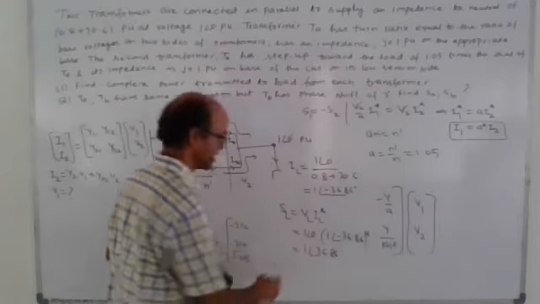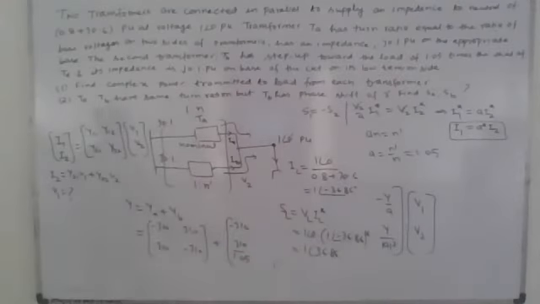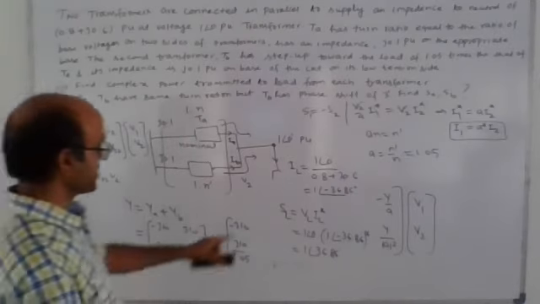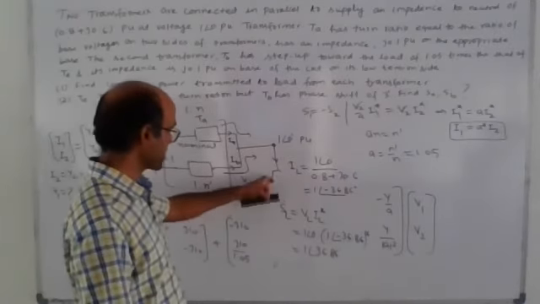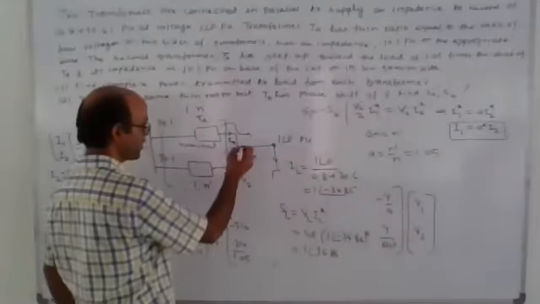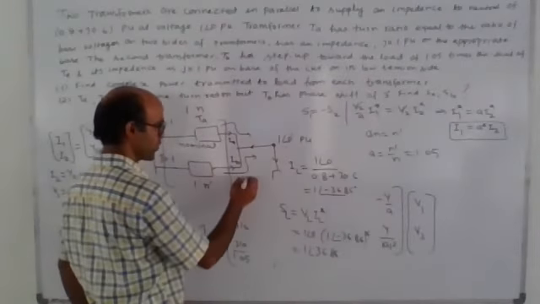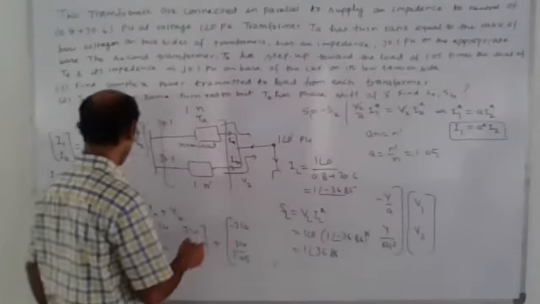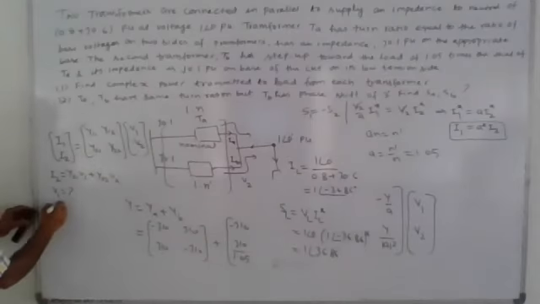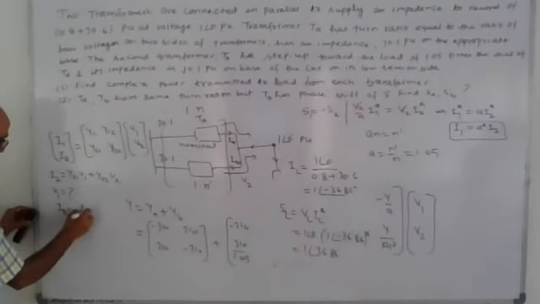This is the load power. So from here we are getting easily, this is IL. IL is coming this side. So what is I2? I am assuming I2 is this, in that way. So I2 is minus IN.